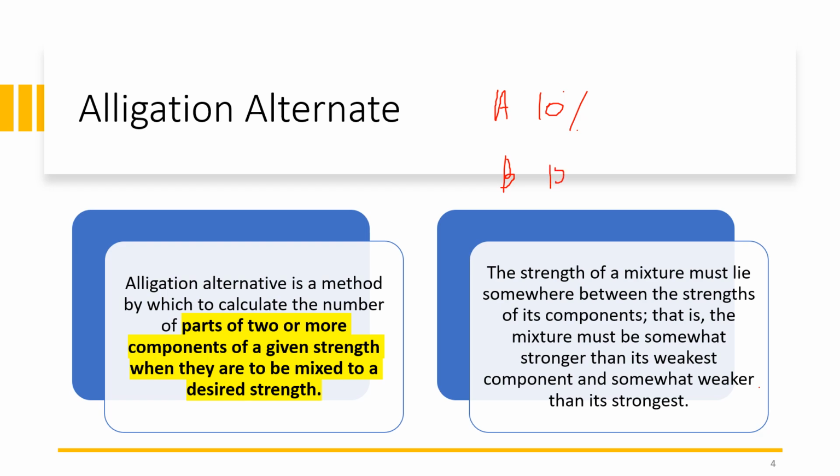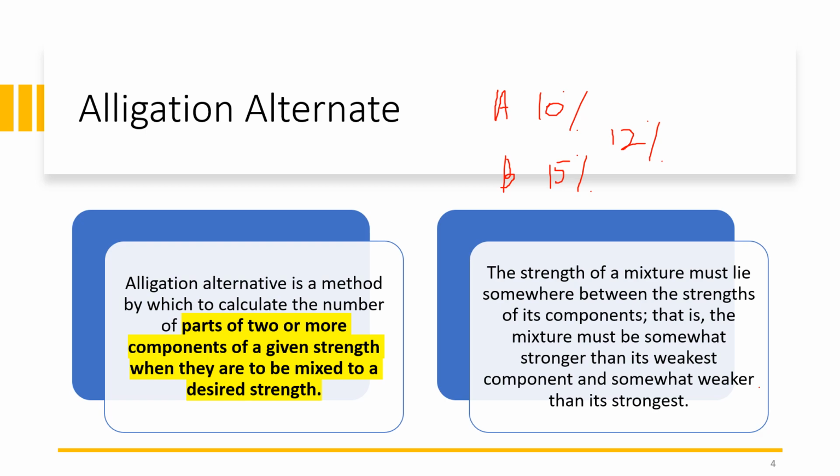However, the difference with alligation alternate is that you already know the desired strength that you want to make. For example, you want to make a strength of, let's say, 12%. So if you want to make a 12% mixture, how much do you need to add from the 10% and how much do you need to add from the 15%?